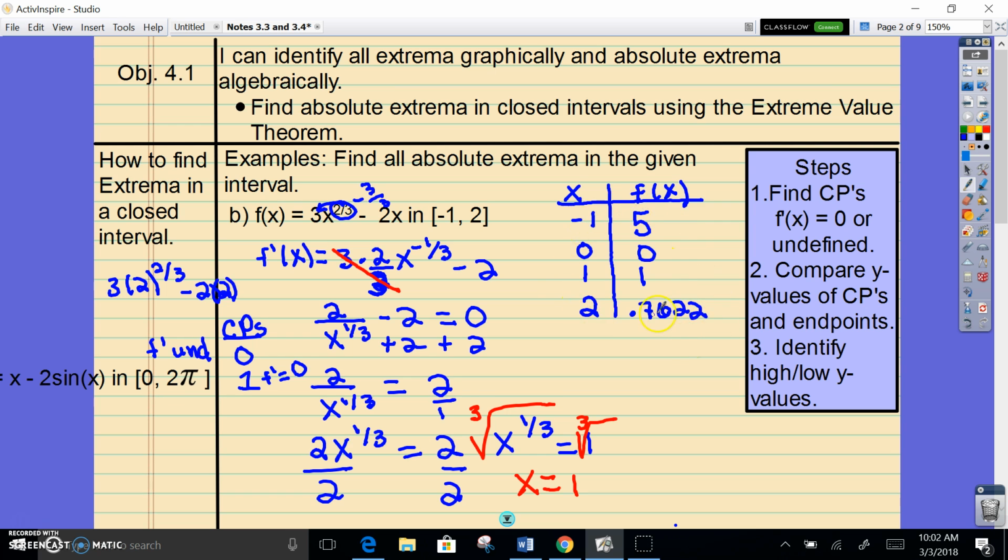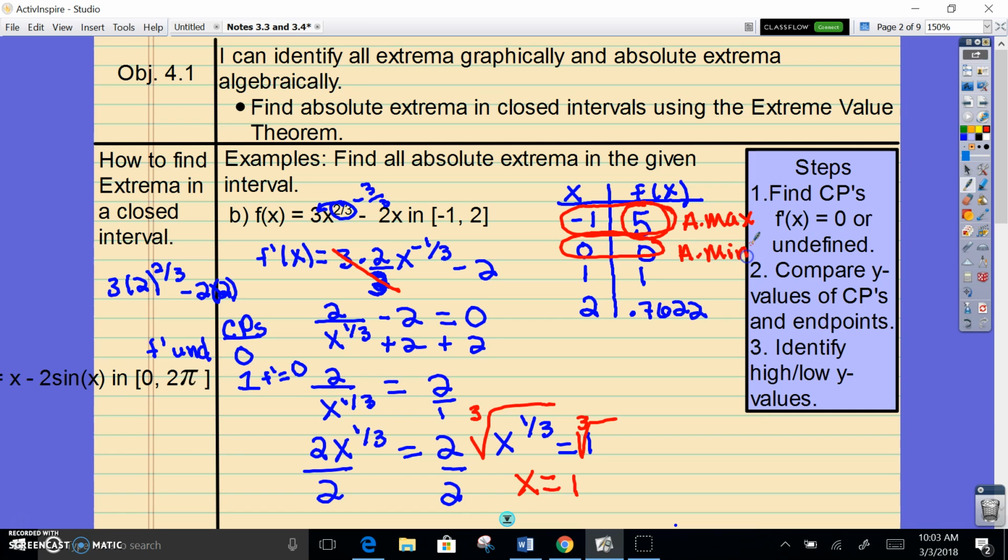So now that I have my table of values, I can definitely see what the highest and lowest y values will be. My highest value, of course, is the 5. So this is going to be my absolute max. Remember, the absolute max is actually the y, but it's located at -1. So this is your absolute max. And then your absolute min looked like it might have been 0.762, but we have a lower value at 0. So that is your absolute min.